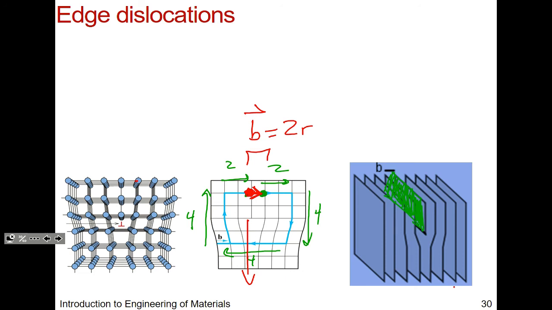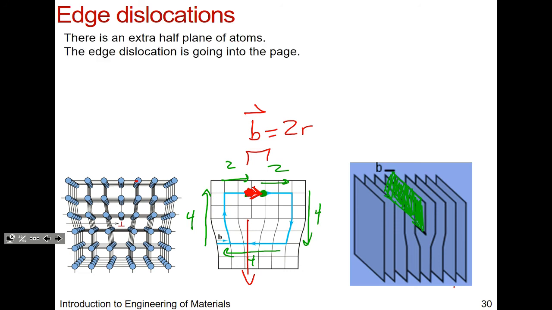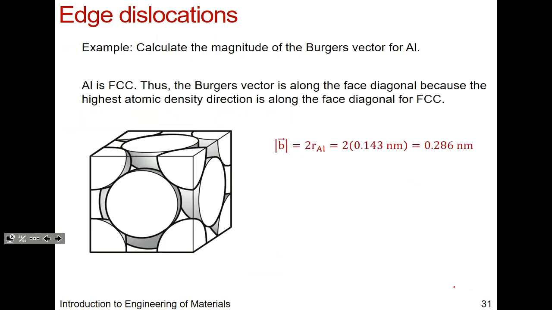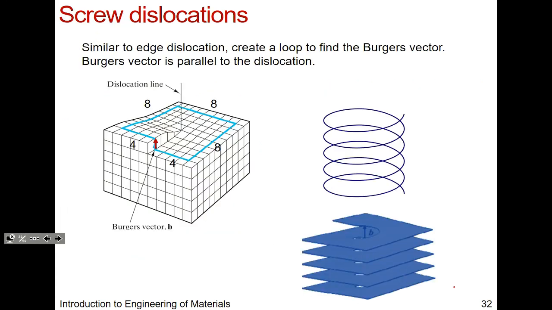Okay, so that's one example, if you just have a simple line dislocation, just one plane coming in and out. For the interest of time, I'll skip that example, but it basically just calculates your 2R for a specific system, that system being aluminum.